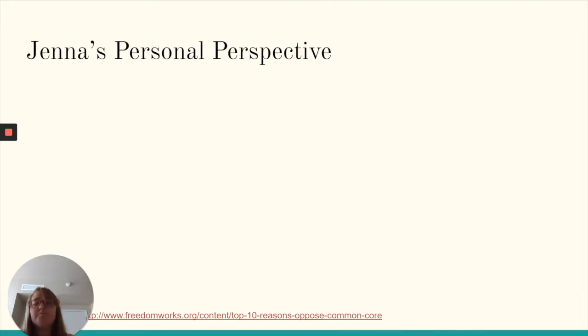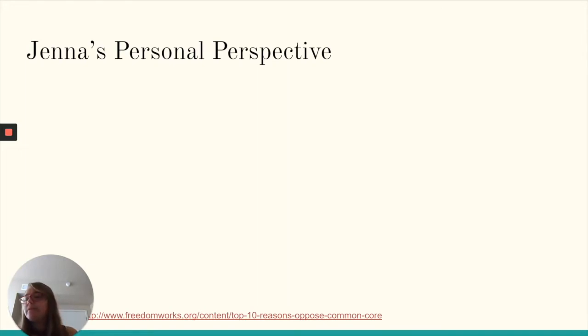My personal perspective on the difference between previous state standards and Common Core is that although Common Core was more detailed in their expectations for students, it created less intimacy and differentiation in education.